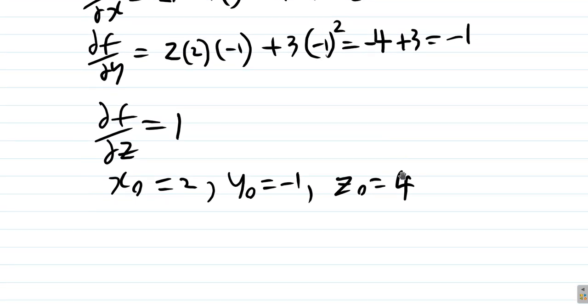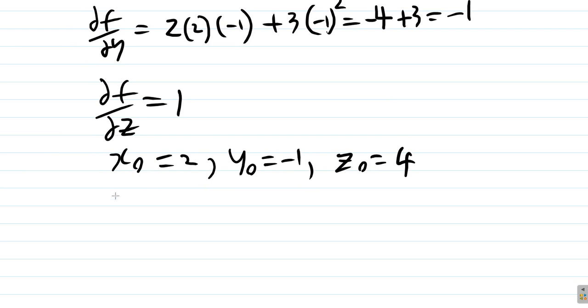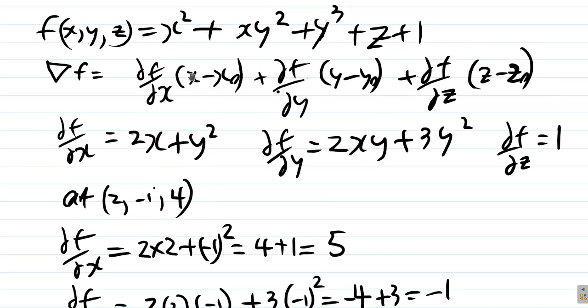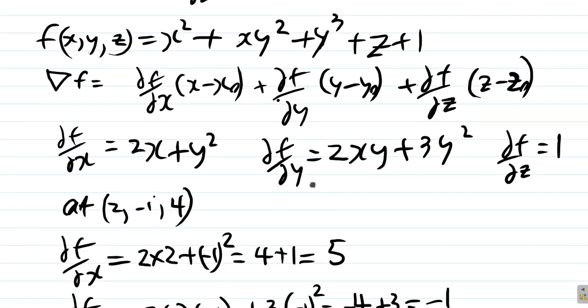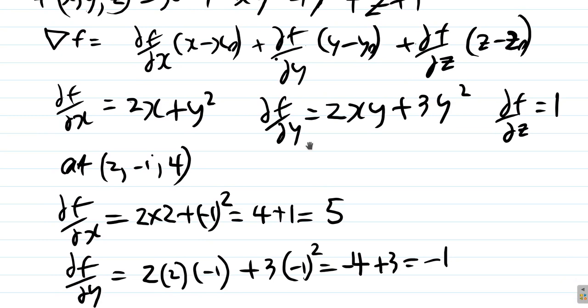So we can write down the equation of the tangent plane now, right? So in this case we have, let me write this, for this part, partial of f with respect to x is 5.